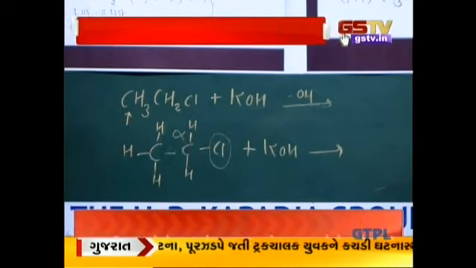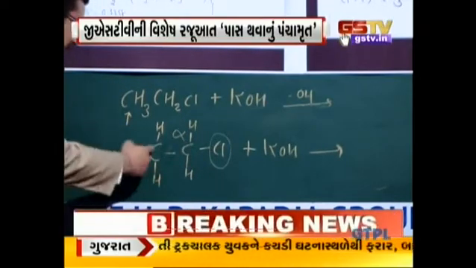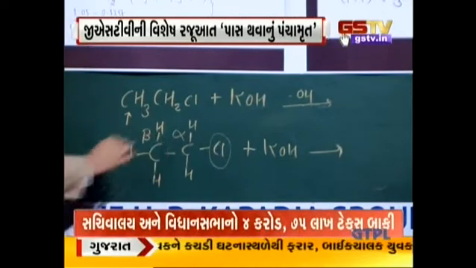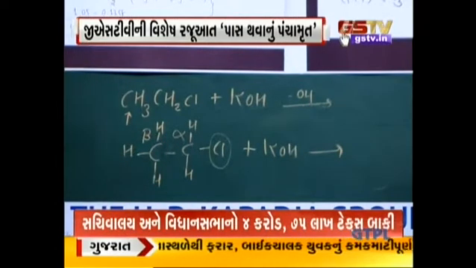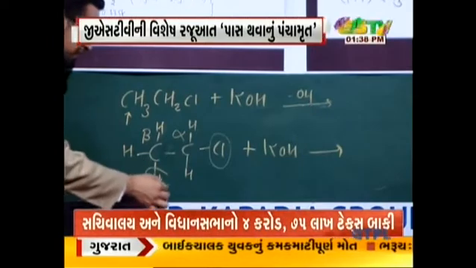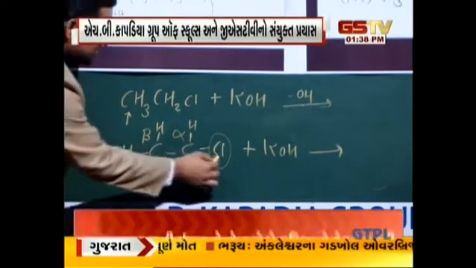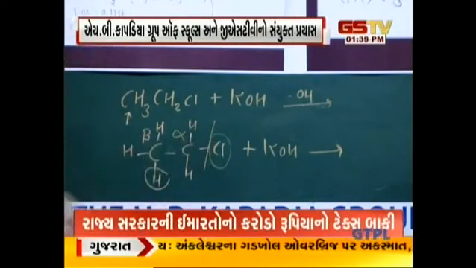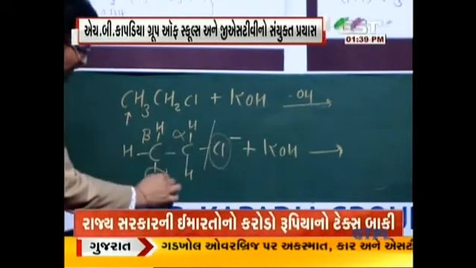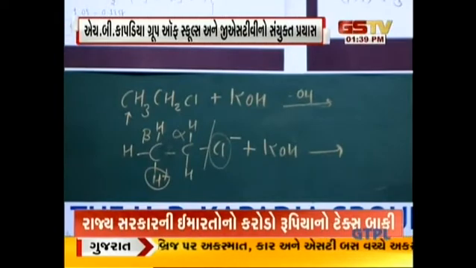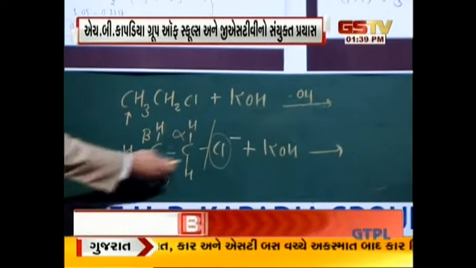The first carbon is the alpha carbon and the second carbon is the beta carbon. From the beta carbon, hydrogen will be removed and react with the chlorine, because the C-Cl bond will also break. Cl is negatively charged, hydrogen is positively charged.